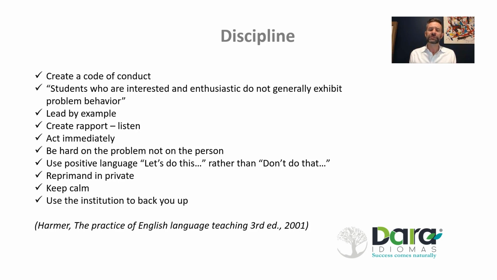The fourth element of creating discipline in the classroom is to have a good relationship with your students. This doesn't mean being their friends, but it's very important that you create rapport. If the relationship with your students is bad, they are not going to cooperate, and especially teenagers are going to misbehave in your class.